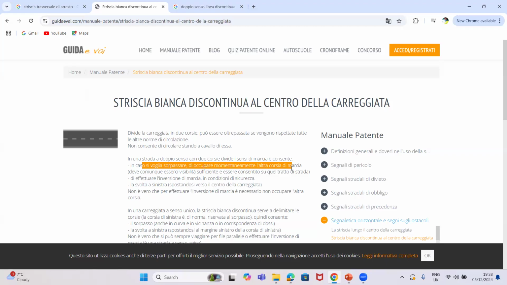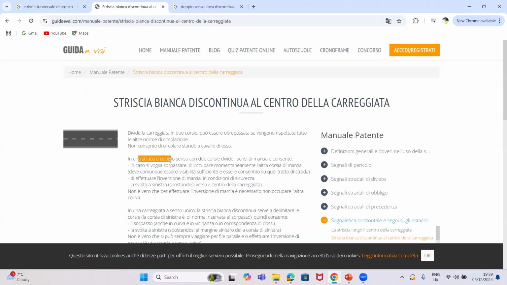Number 1, they said, in a case of when you want to overtake, you have to occupy momentarily, that is temporary, l'altra corsia di marcia. Yes, because a car can be coming from the opposite direction. Is it clear? Remember, they mentioned in una strada a doppio senso. They will mention it.